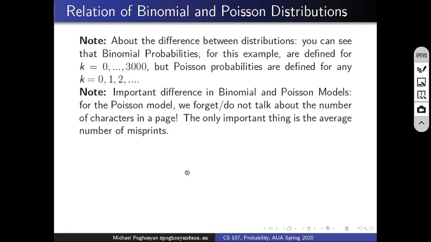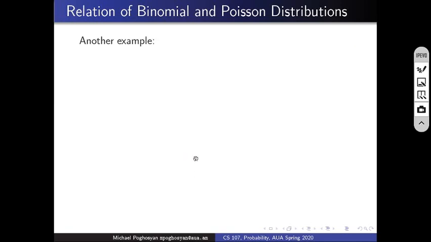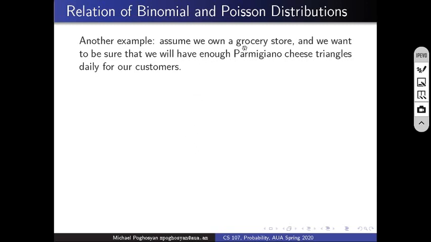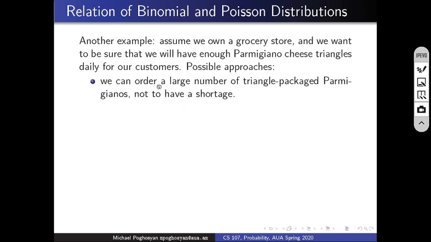Let me give another example of this form. So another example is the following. Assume we own a grocery store and we want to be sure that we will have enough Parmigiano cheese triangle packages daily for our customers. So we can take the following approaches. We can order a large number of triangle-packaged Parmigiano cheese pieces, so as not to have a shortage.